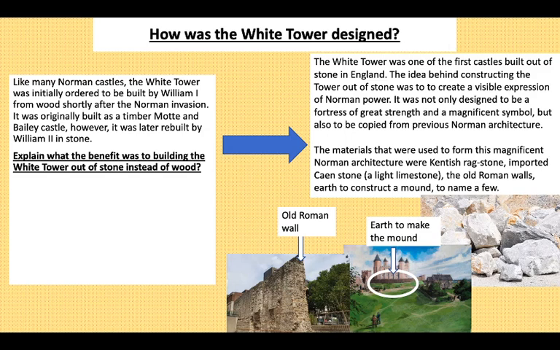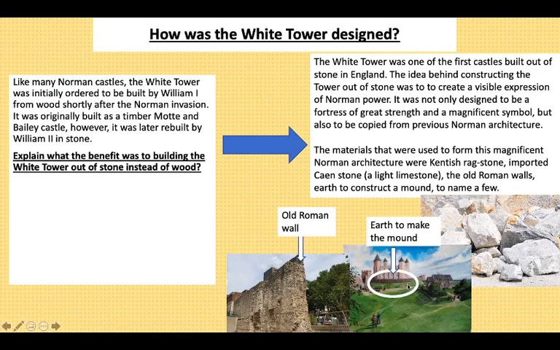The materials that were used to form this magnificent Norman architecture were Kentish ragstone, imported Caen stone, I think I'm pronouncing it right, which was a type of light limestone, which we can see here, the old Roman walls, which is this, and earth to construct the mound, to name a few. So we already know that the White Tower was built on some type of hill.